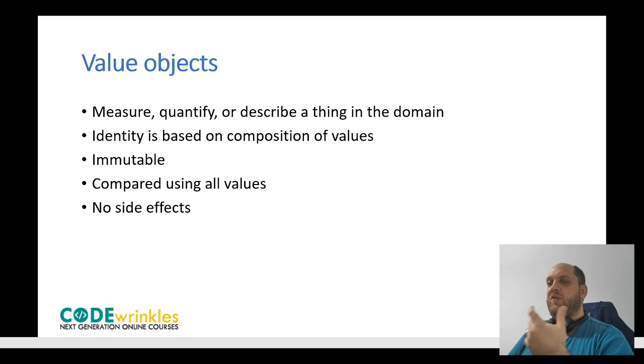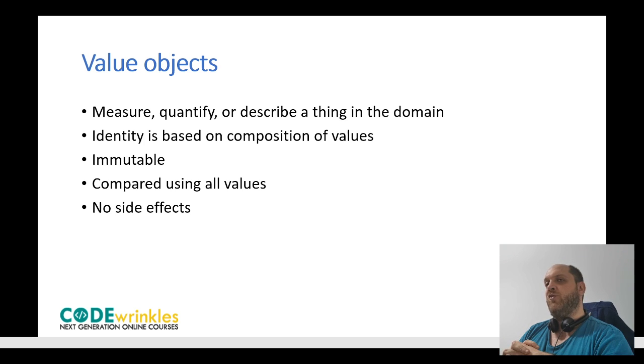And what does this mean? It means that when we check for equality of two value objects, we have to take all their properties into consideration, or whatever the business rule defines as properties for checking equality, because we can also take only a subset of the properties.